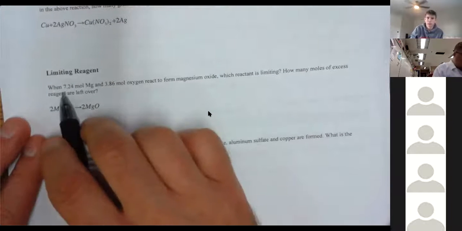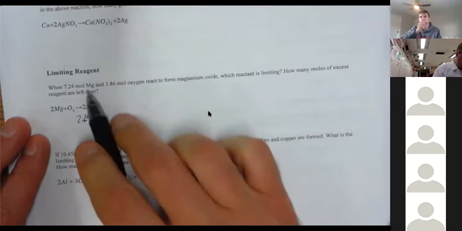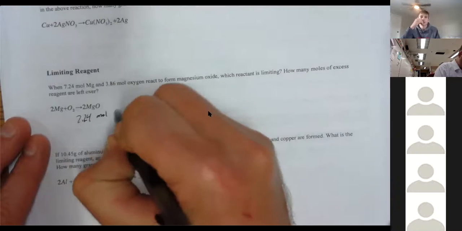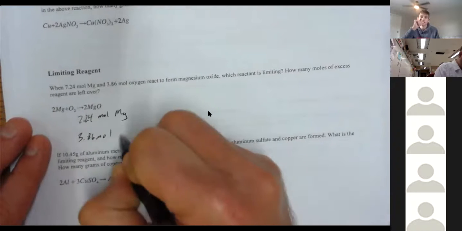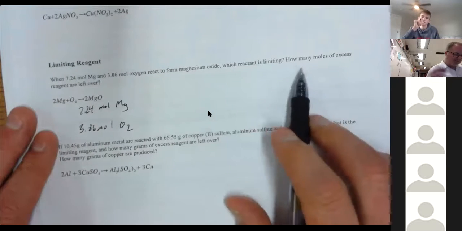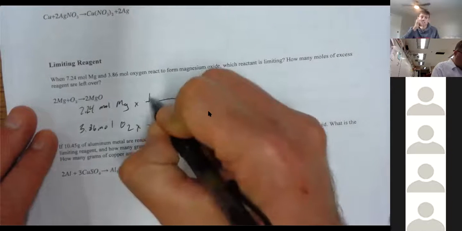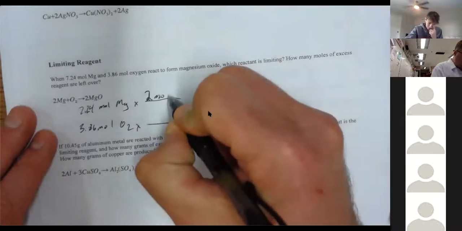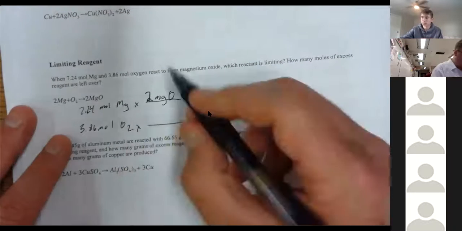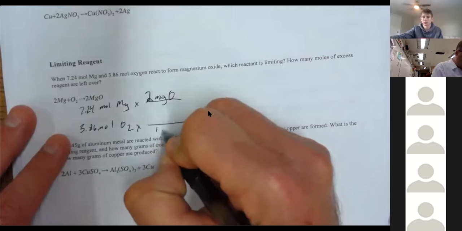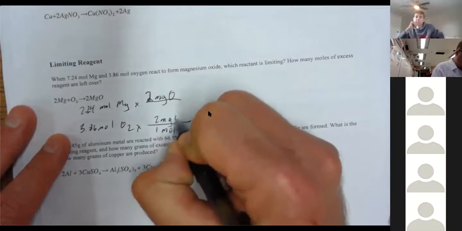So we have this much magnesium, and we have this much oxygen. We want to see how much magnesium oxide we can form. Wow, this is actually the lab today. If you stick around for this, you get a little bit of a benefit on the lab today. Every 1 mole of O2 makes 2 moles of magnesium oxide.